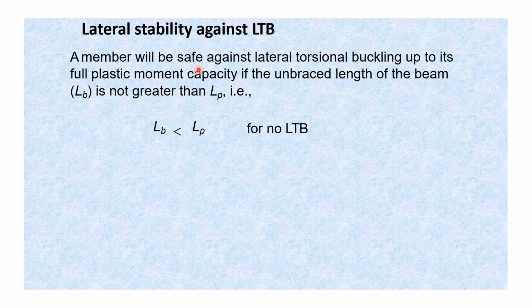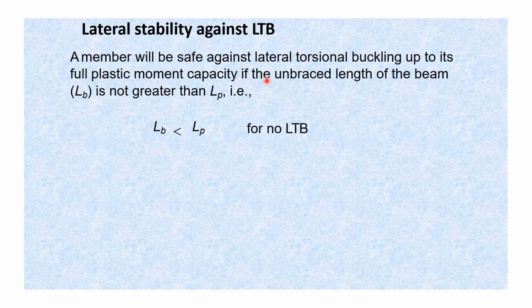So, lateral stability against lateral torsional buckling. First criteria: a member will be safe against lateral torsional buckling, means there is no chance of lateral torsional buckling, but there is a length criteria. If the length is less than a certain limit, it can reach its full plastic capacity, means the member after yielding will go to full plastic condition, just like I have shown in the stress profiles.